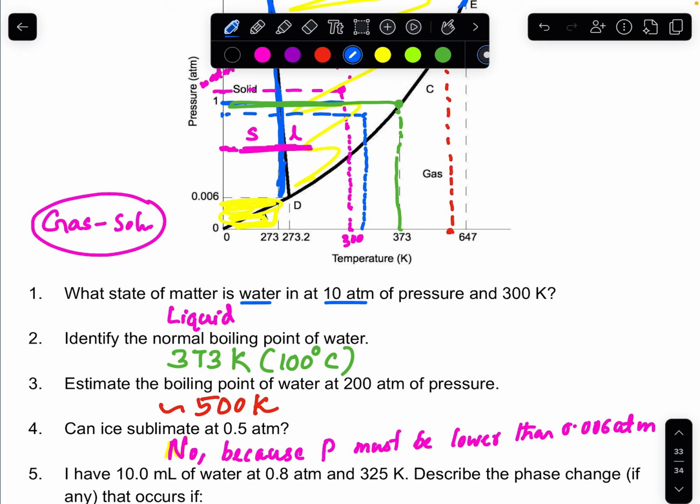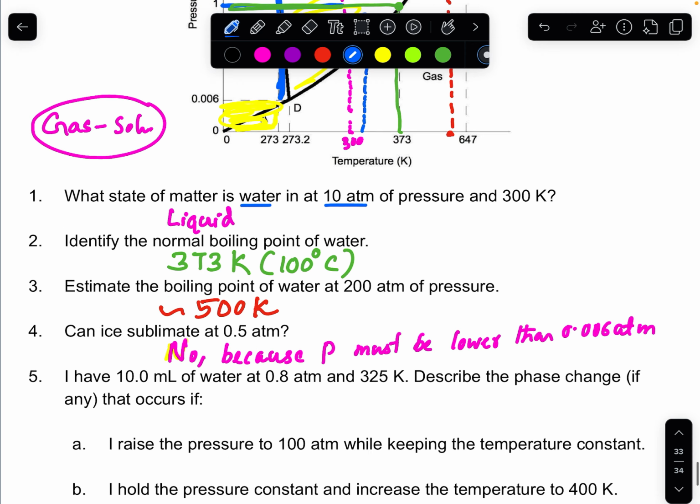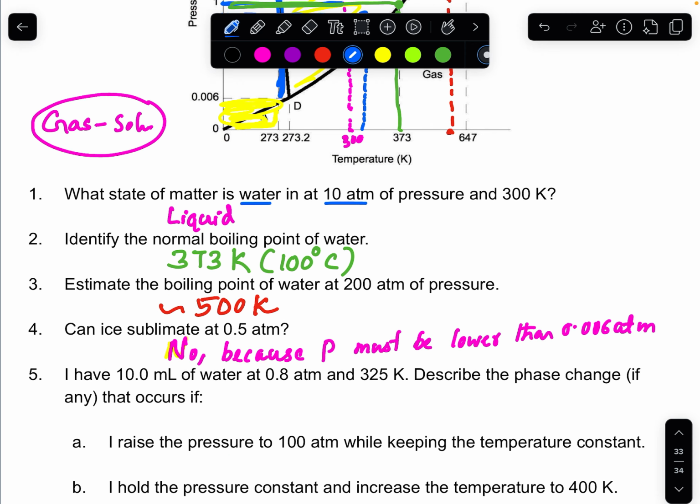So that will still be what? Liquid. So no phase change, it will be liquid itself. Liquid means it is water itself, right? So no phase change.